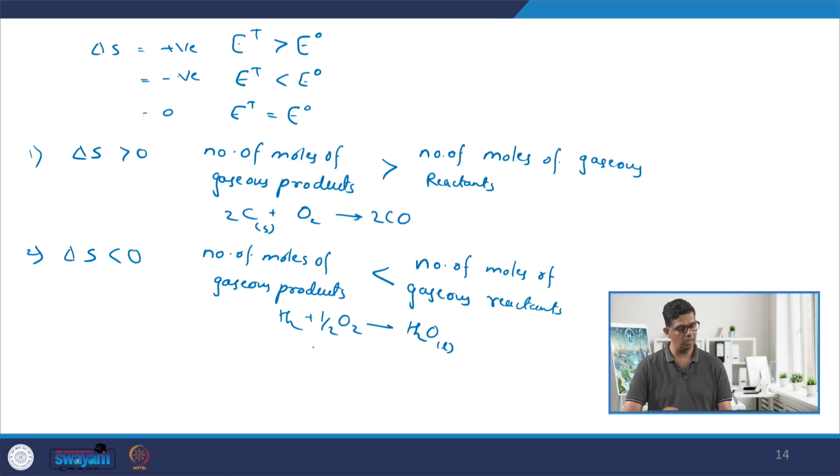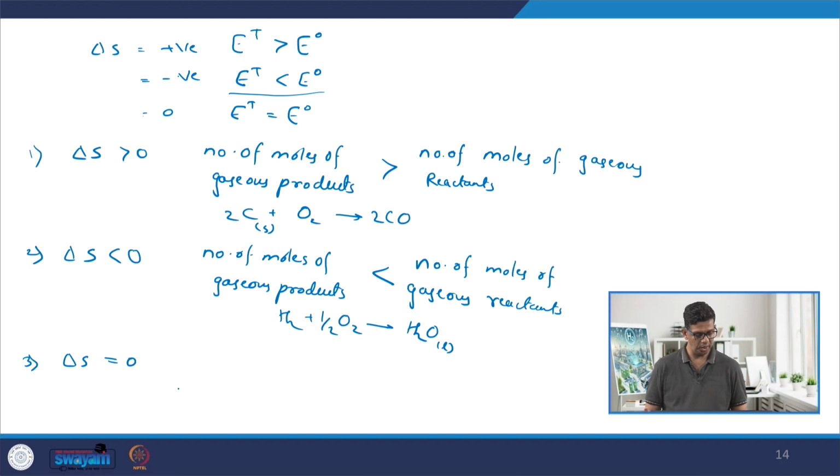So, in this case the entropy change will be negative. There will be less chaos in the system if this reaction takes place. That is why the entropy change is negative, and that will ultimately lead to our second case wherein the ET will be less than the E naught. What is your third case?